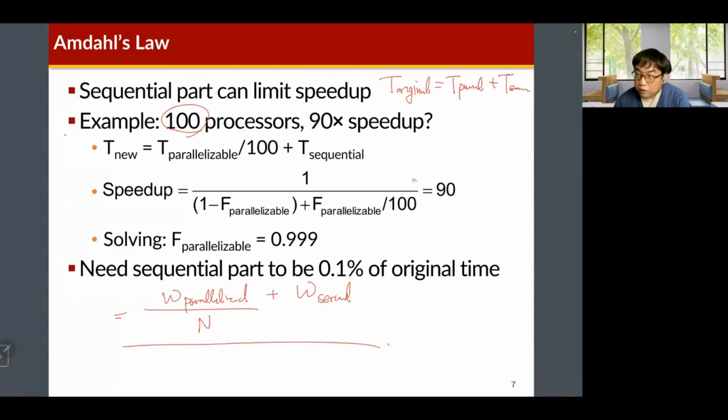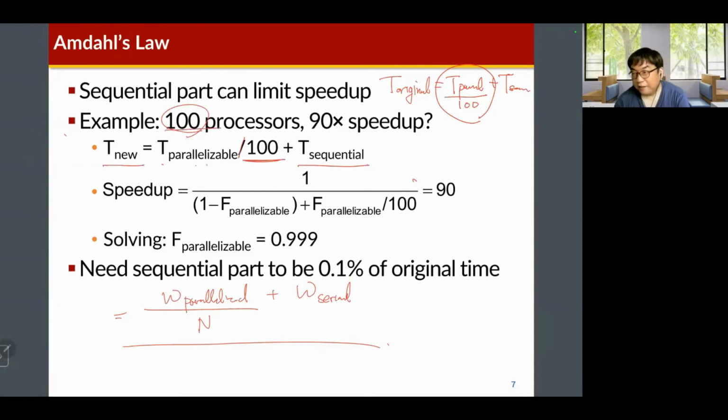With the multi-core architecture, we can improve only this part by 100. So T parallelizable is divided by 100, and T sequential is not changed.